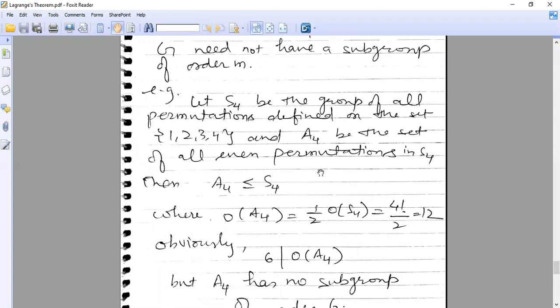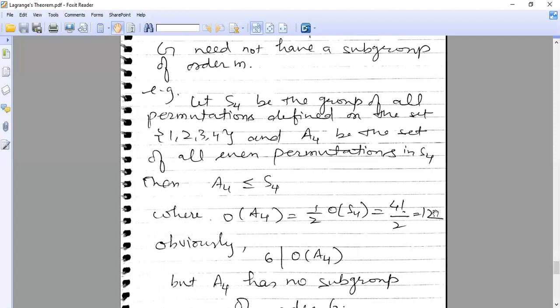And the result that we have already seen is that the order of A4 is equal to half of the order of S4. The order of S(n) is factorial n, so the order of S4 is factorial 4, and factorial 4 is 24. So the order of A4 will be factorial 4 upon 2, that is 12.